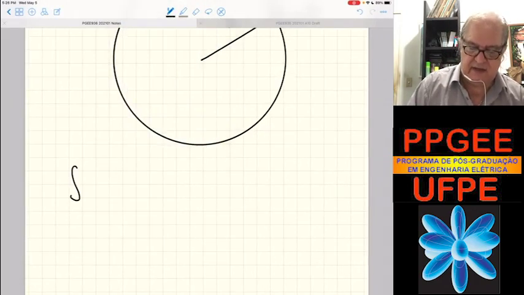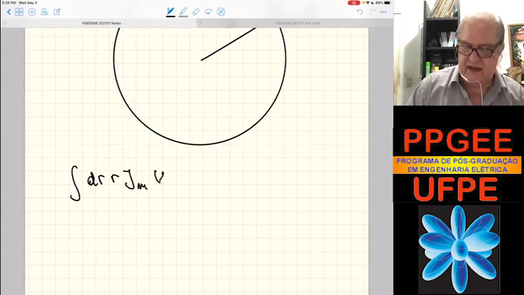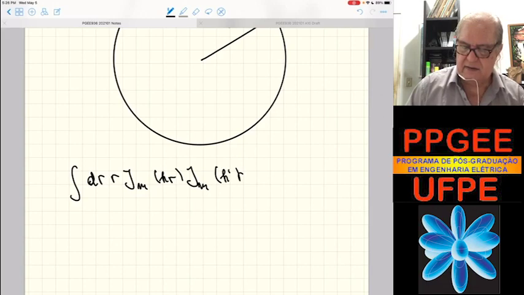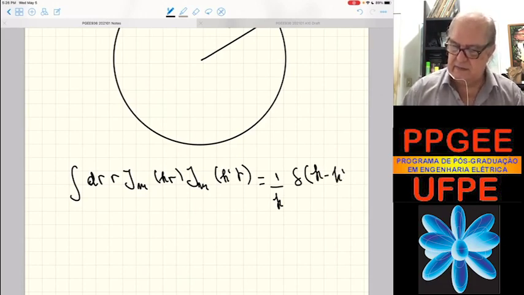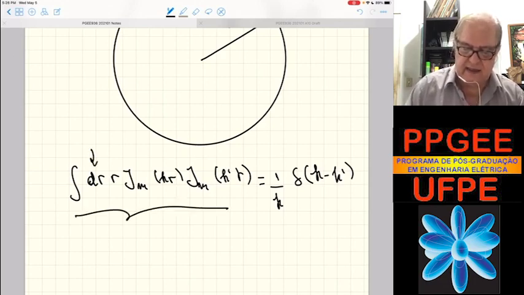I have an integral that has dr, r, Jm of kr, Jm of k prime r equals 1 over k delta of k minus k prime. So what's the dimension of the left-hand side? Length times length. The Bessel functions are dimensionless, so this is length squared.